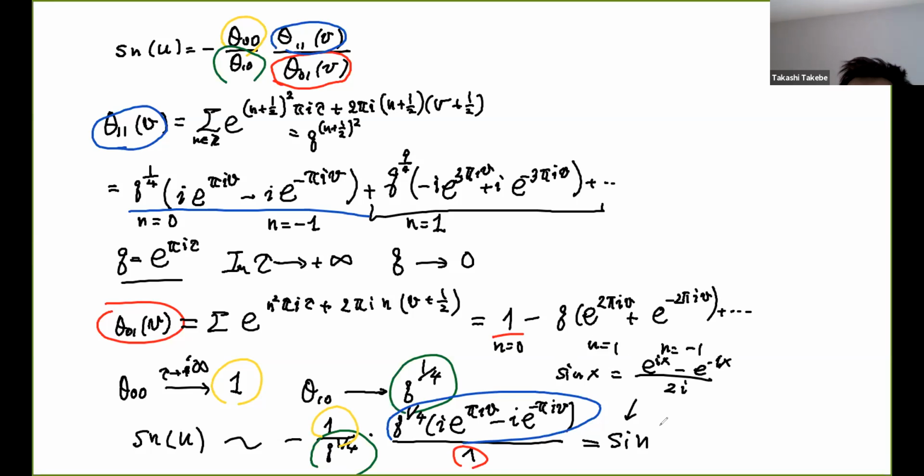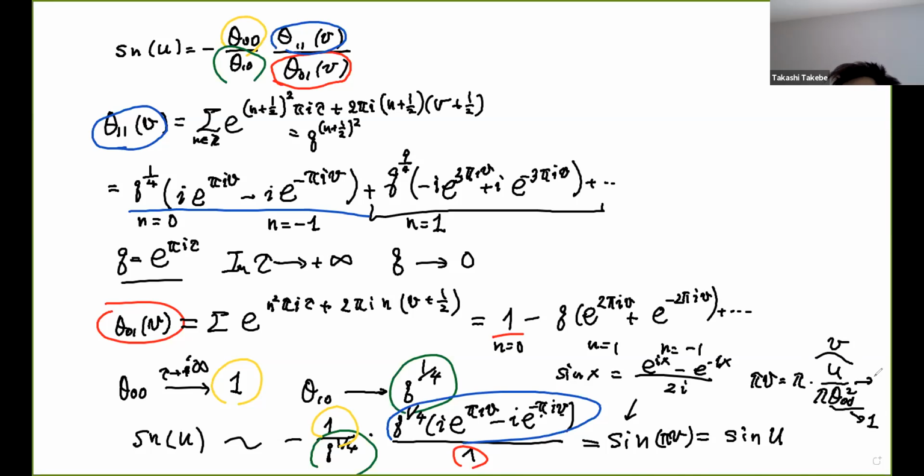We have sin v to pi v, and this is equal to sine of u, because v is defined by this is p. And we know that this goes to 1.